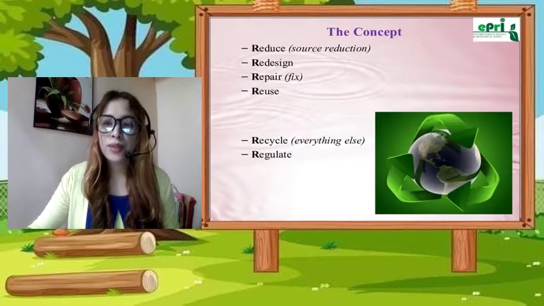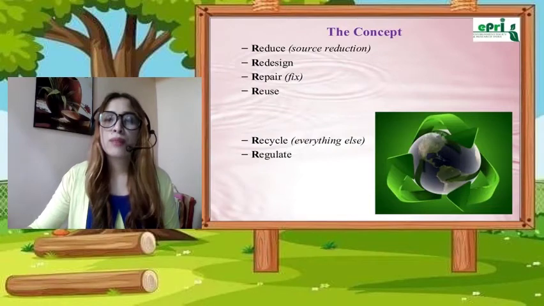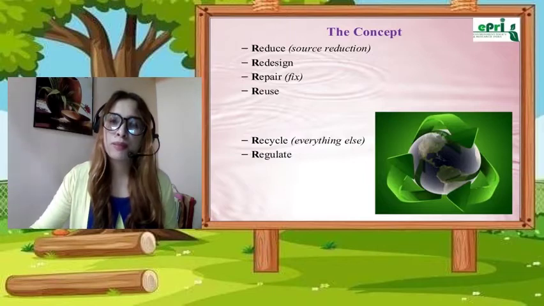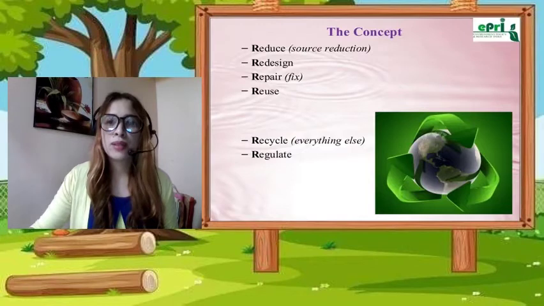So the concept of zero waste is to reduce, redesign, repair, reuse, recycle, and regulate. We hope we can do this. We reduce our waste because manufacturers know how to redesign the materials they sell us, for us to use and reuse.